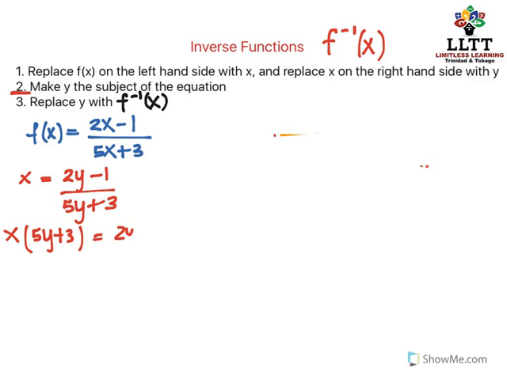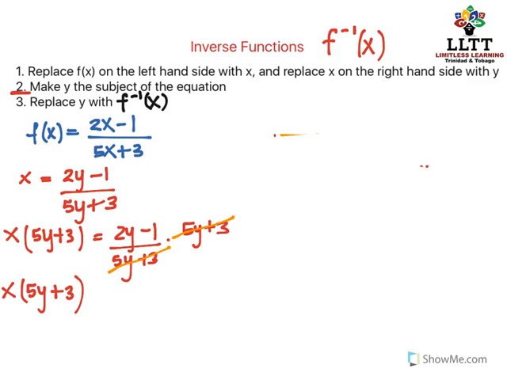So I have x multiplied by (5y plus 3) is equal to (2y minus 1) over (5y plus 3) multiplied by (5y plus 3). And the reason I'm multiplying by the denominator is so that they will cancel on my right-hand side. So on my left-hand side, I'm left with x times (5y plus 3), and on my right-hand side, I have 2y minus 1.